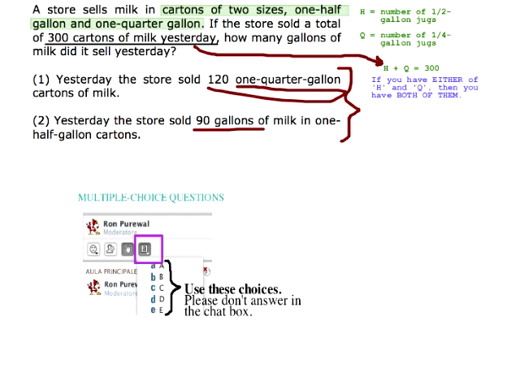Then if you have both, it is 0.5H plus 0.25Q. Although you don't even have to do that, because if you know what H and Q are, you will definitely know how much milk you bought. So if you have either of H and Q, then you have the solution.